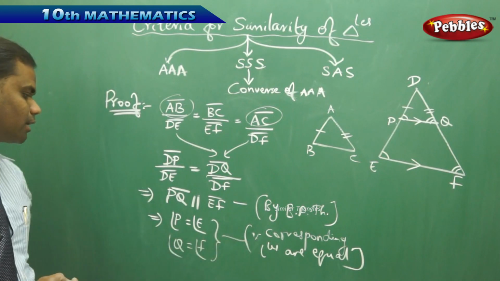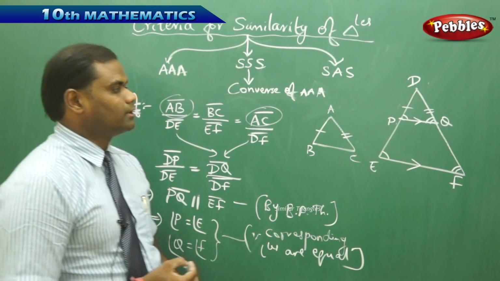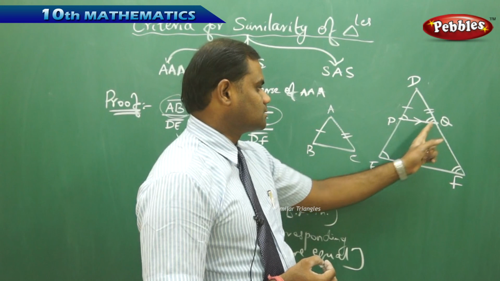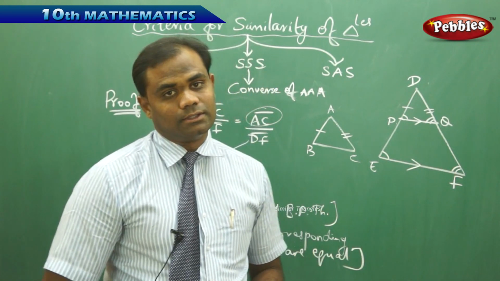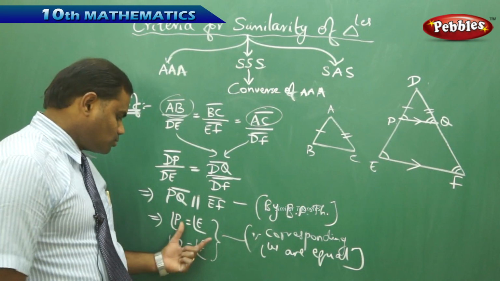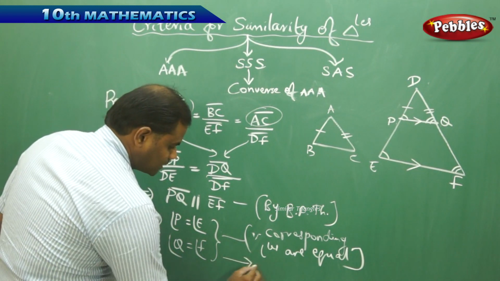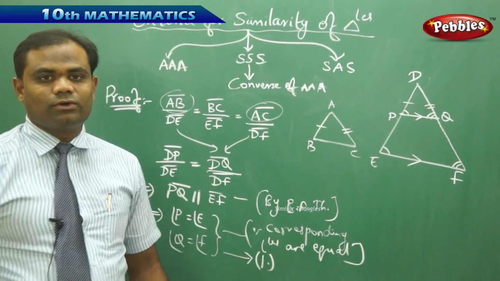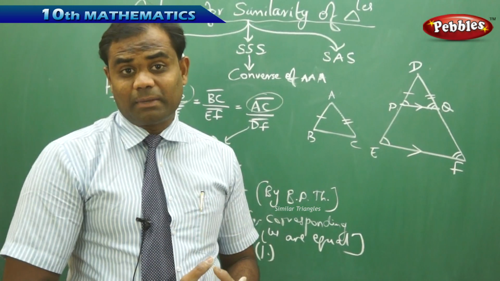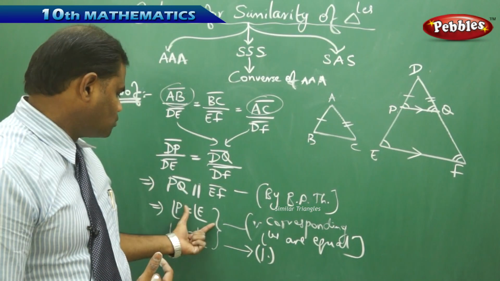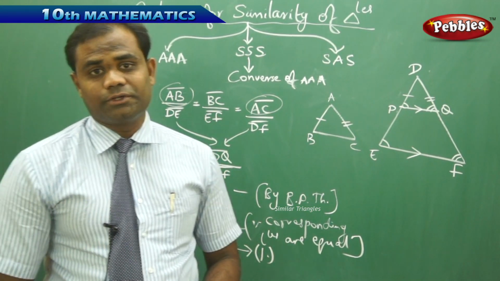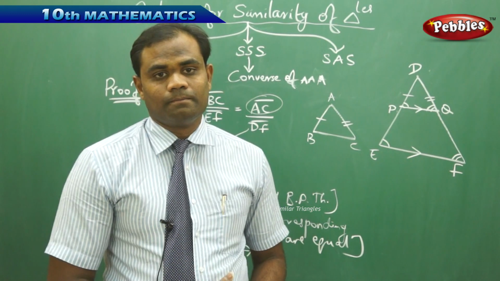Now these two equal angles, I would like to take as equation 1, because we use this in the later part of the proof. So these two angles equal I take as equation 1 and continue with the proof.